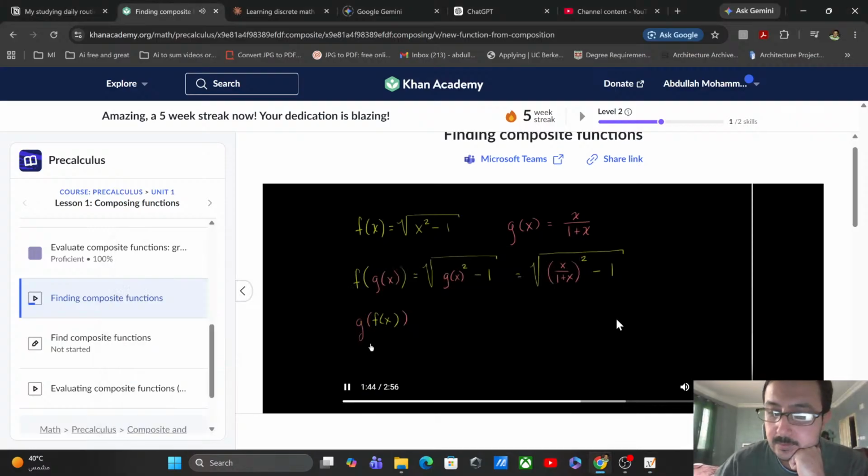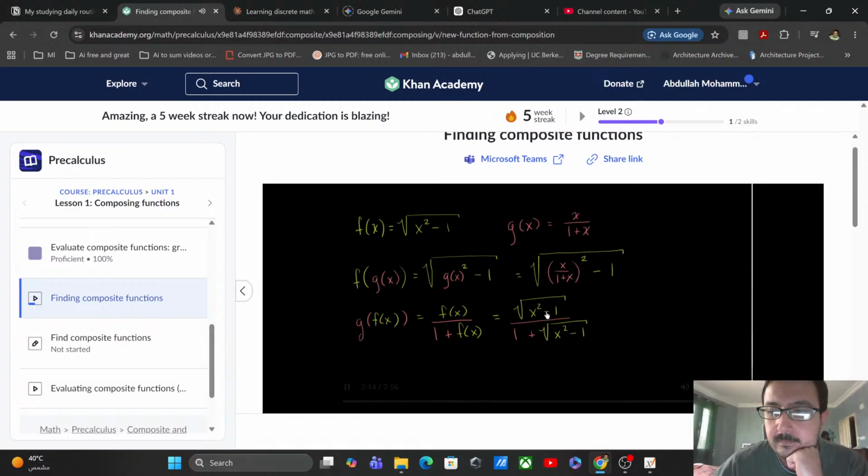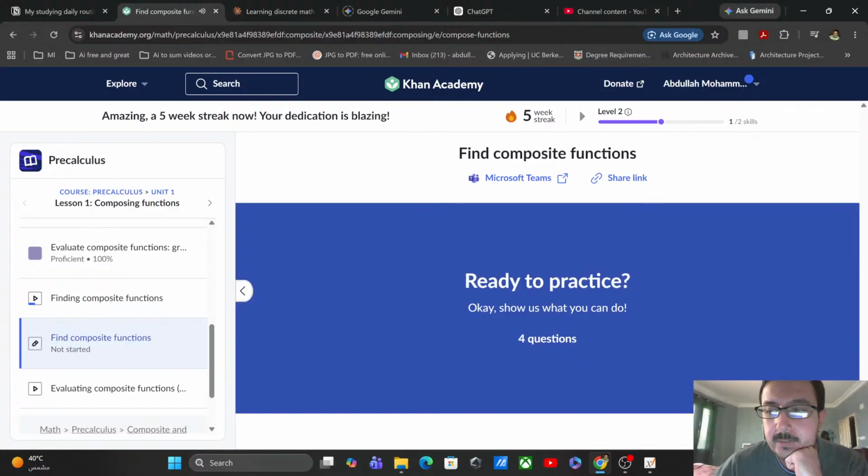I encourage you to pause the video. f of x is now the input, I'm using the same colors, plus f equal to the square root minus 1. So it's going to be that over 1 plus the expression f of g of x. You get this thing.